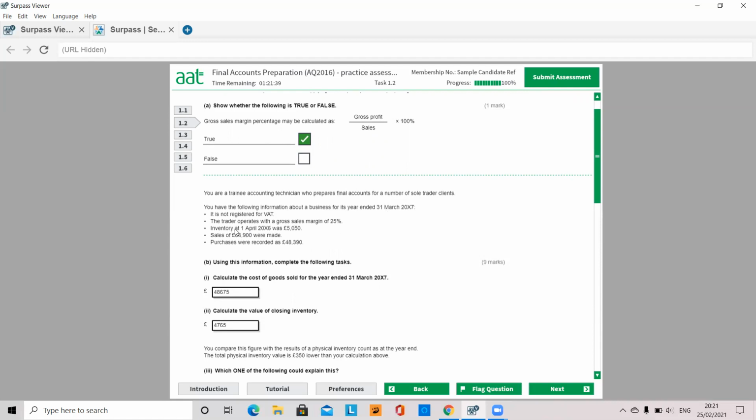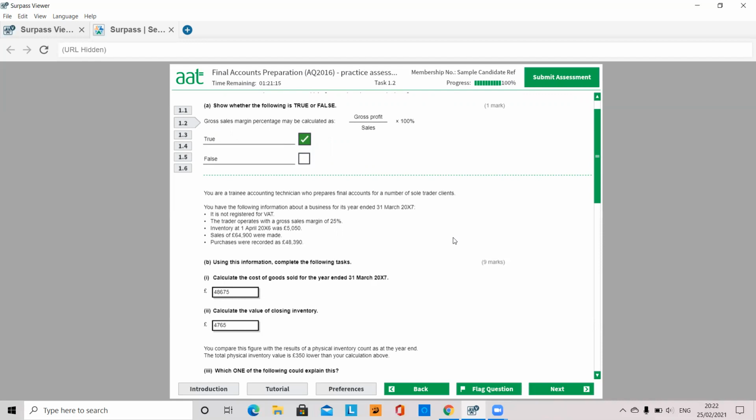It says inventory at the 1st of April 2006, so at the start of the year, was 5,050. It tells us that sales of 64,900 were made, and then purchases were recorded at 48,390. And what we need to do is to work out the cost of goods sold.